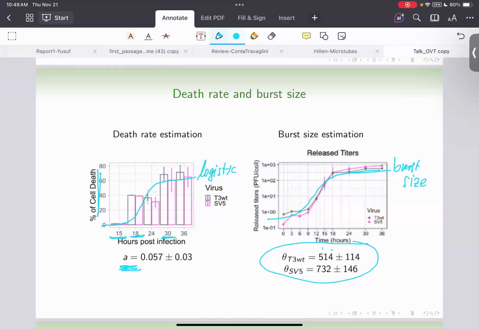So 514 plus 114 and 732 minus 146, they overlap. And this means statistically, there's no difference in the burst sizes. Okay, so we get different mean values, but since the confidence intervals overlap, we cannot be sure they are different.